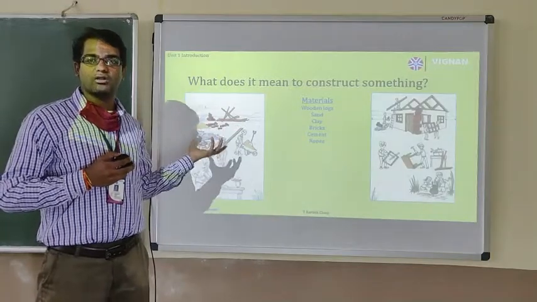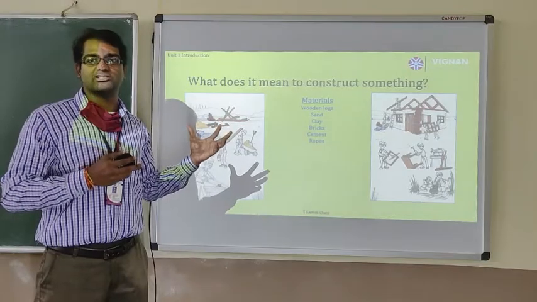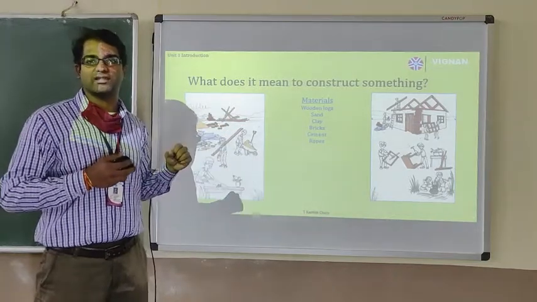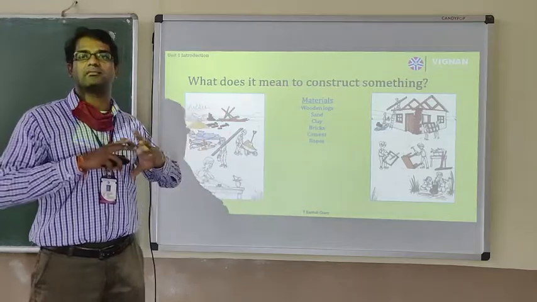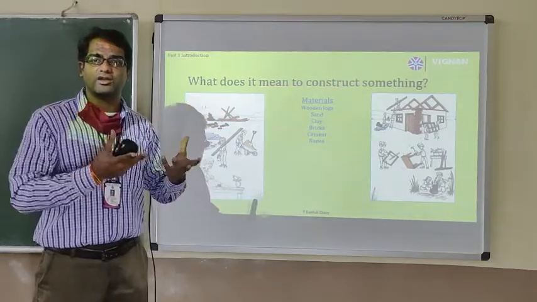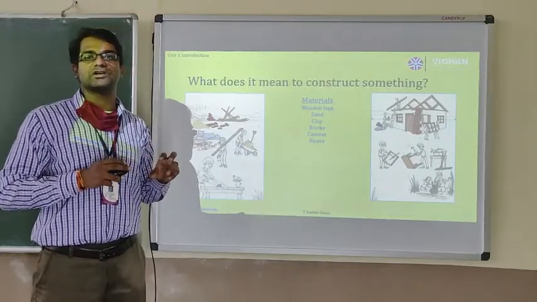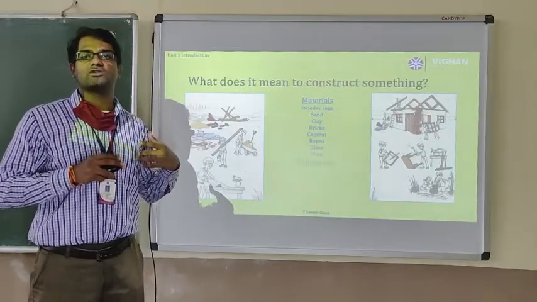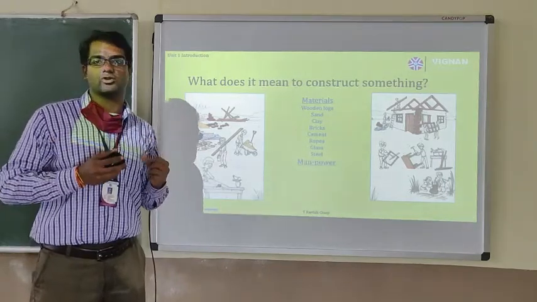So these are all materials, and if you put them in a systematic arrangement, like the right side figure, the wooden blocks became the truss members, the bricks became the covering of the building, and the wood became the doors and windows. These materials don't assemble by themselves; we need manpower to make this happen.